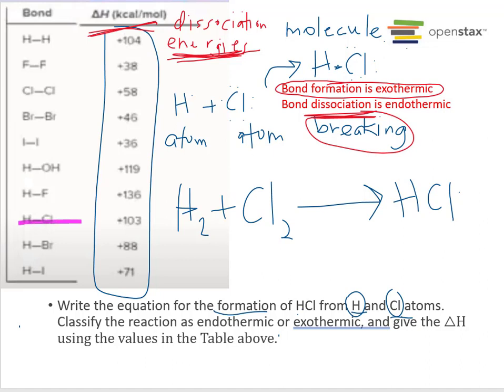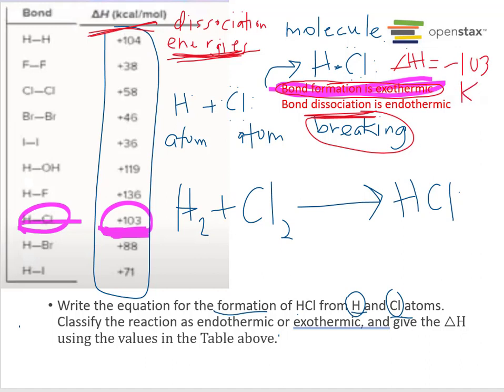So if I look up HCl, to break HCl requires 103 kilocalories per mole of energy to absorb to break it. But to form it, again, forming is exothermic, forming is negative. That just means that over here, my delta H is going to be negative 103 kilocalories per mole.